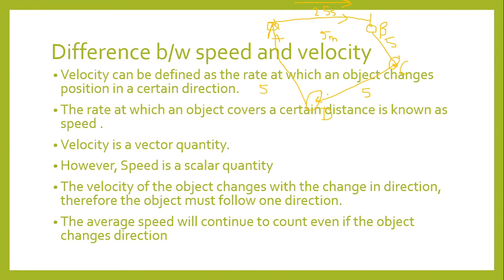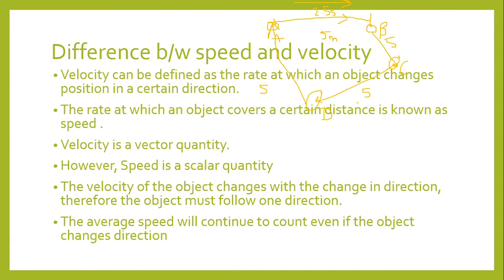So when I'm asked to find the average speed or the speed of the object, I can simply say that it is 5 plus 5 plus 5 plus 5, 20, divided by 2.5, and that is 8 meters per second.